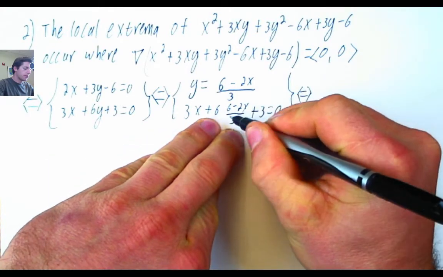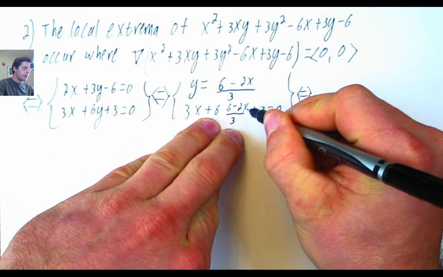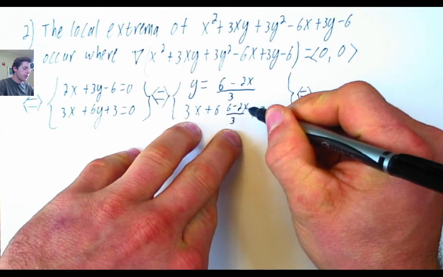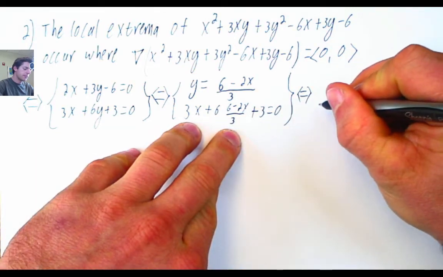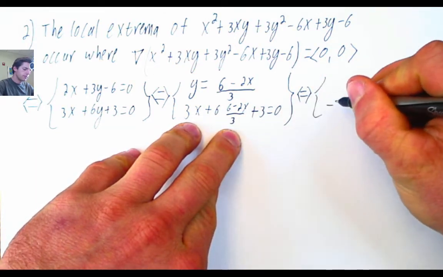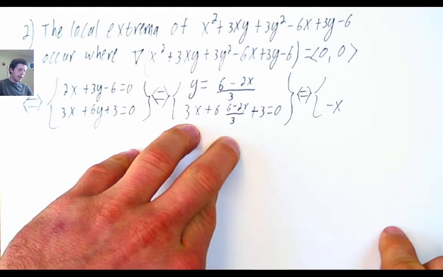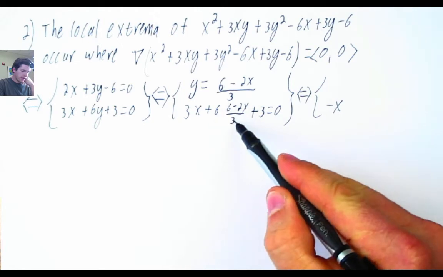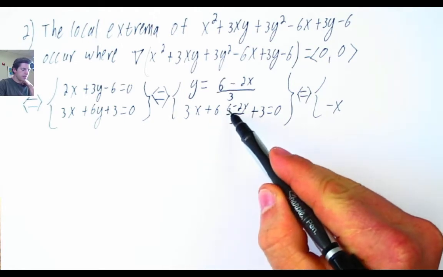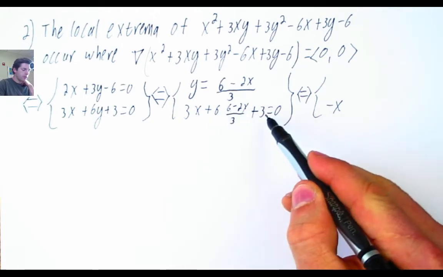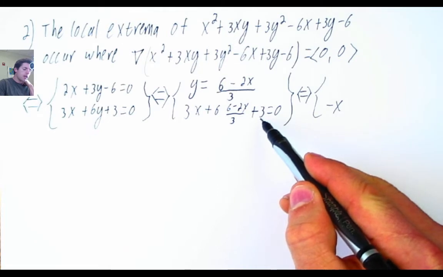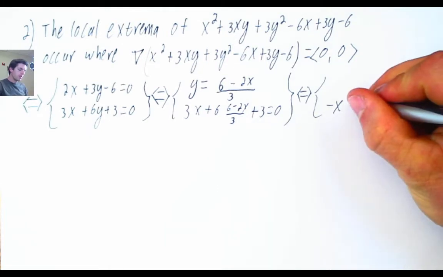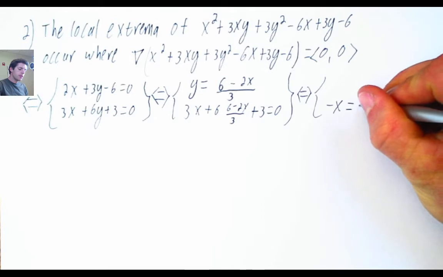So I'll have overall 2 times negative 2, that's negative 4 x's. 3 x's minus 4 x's, that's negative x. Okay, that's how many x's I have. And then I have a 6 divided by 3, that's 2. 2 times 6 is 12. 12 plus 3 is 15, and I can put that on the other side for a negative 15.